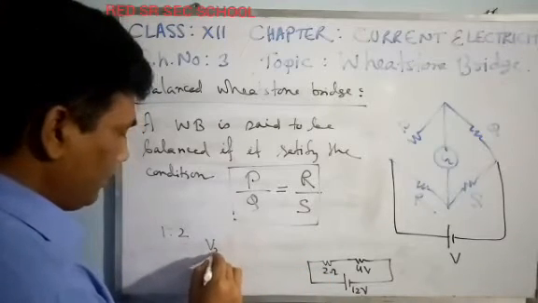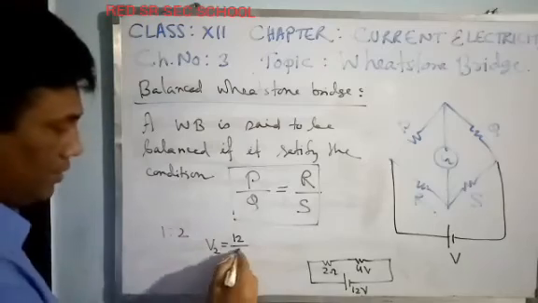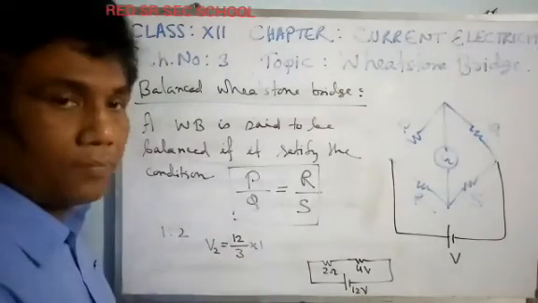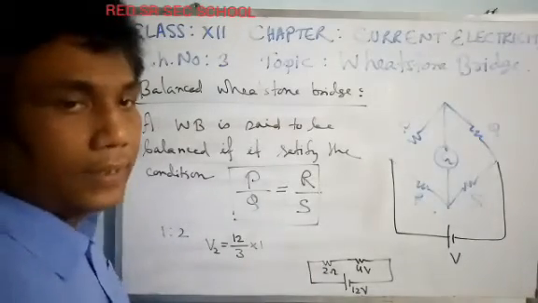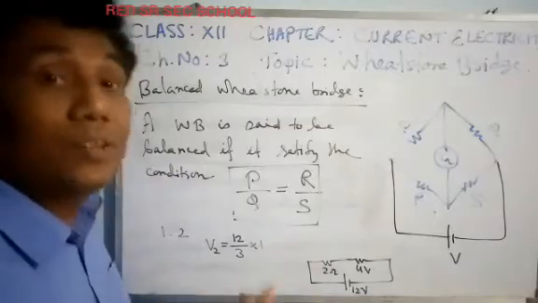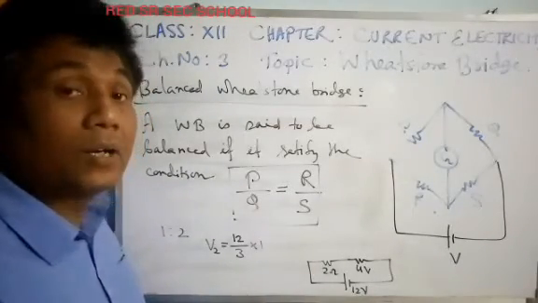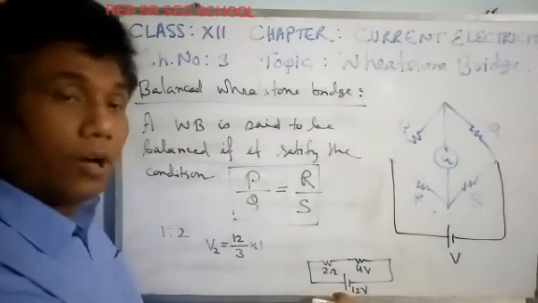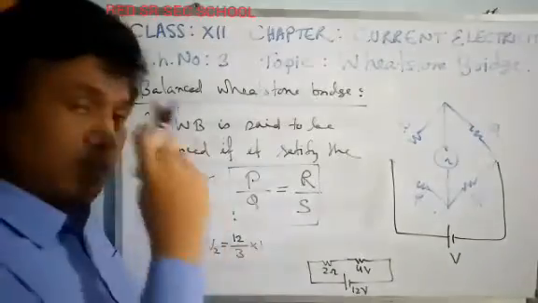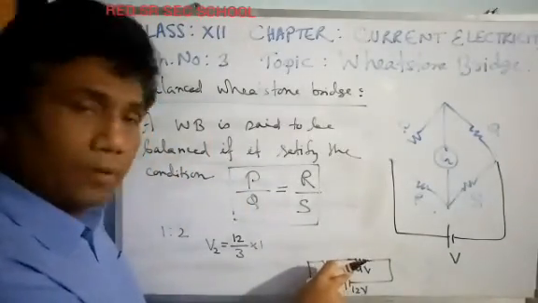Total voltage divided by 3 parts into 1 part, because voltage drops according to the resistance only. More resistance, more voltage will be dropped, more energy will be liberated. We have already understood, voltage is nothing but energy per coulomb. If it is 12 volt, it means 1 coulomb will carry 12 joule. So out of that energy, some energy will be dropped here, some energy will be dropped here.